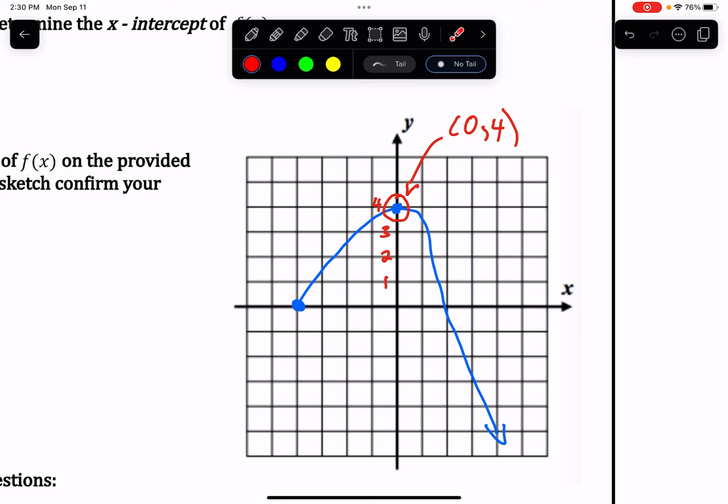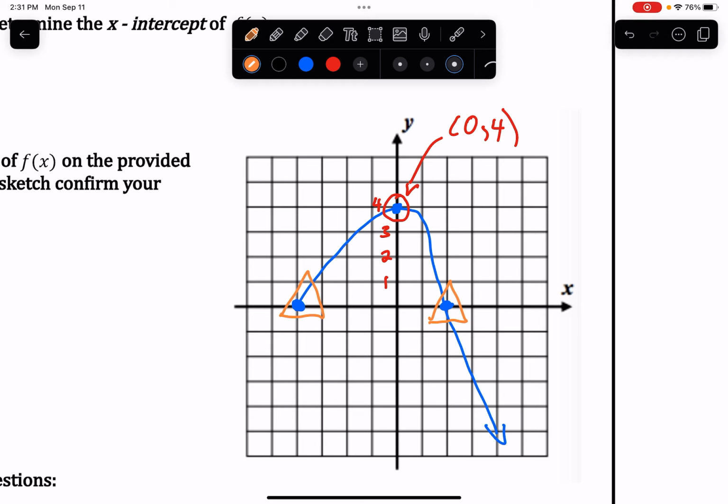Now, x-intercepts work the same way, except instead of being on the y-axis, they are on the x-axis. So my x-intercepts are going to be this and this, because those are the points where, and I'll just make a point here. You may not always see a point like that, but if it goes through, or if it touches or starts or stops there, that's considered an intercept.